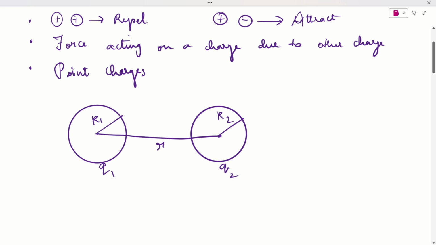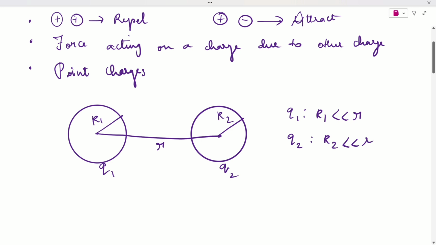How can I say whether the charge q1 is a point charge or not? A charge is a point charge if its size is very small compared to the distance of separation between the two charges. In this case, q1 is a point charge only if its radius r1 is very small compared to r. Similarly, q2 is a point charge only if r2 is very small compared to r.